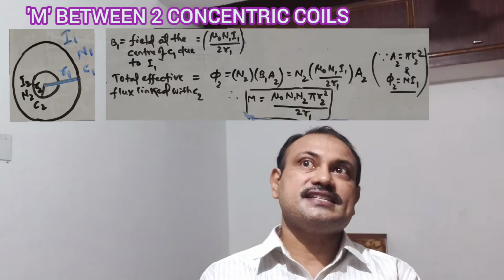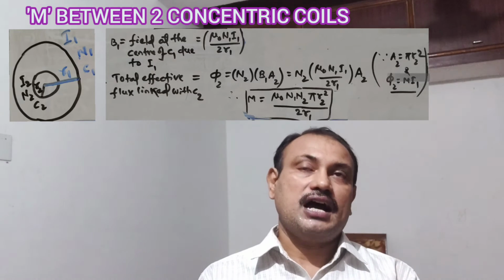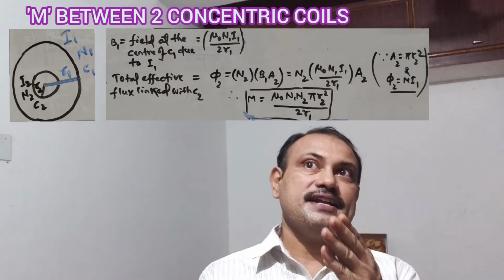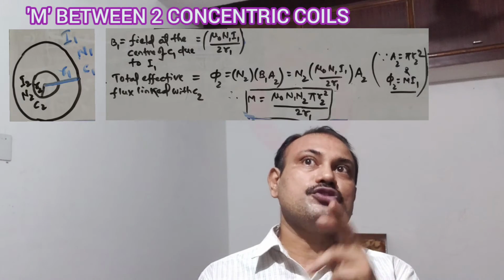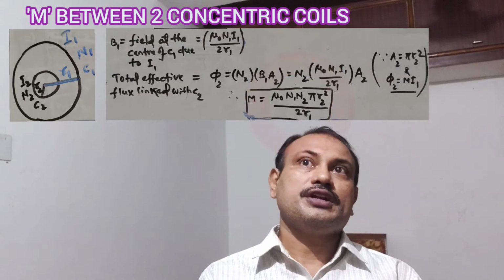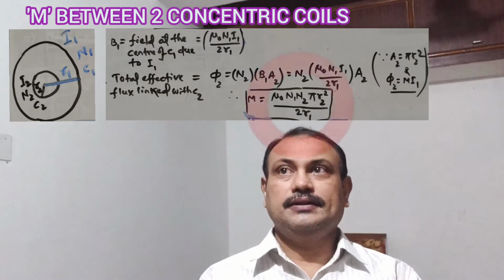Now if you compare this expression with phi 2 equal to M times I1, you get that the mutual inductance coefficient M is equal to mu 0 times N1 N2 times pi R2 squared by 2 R1.